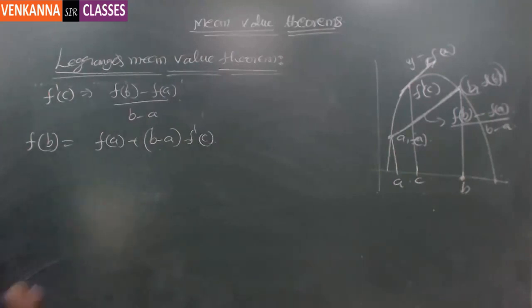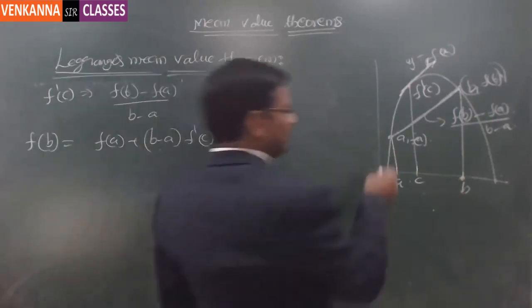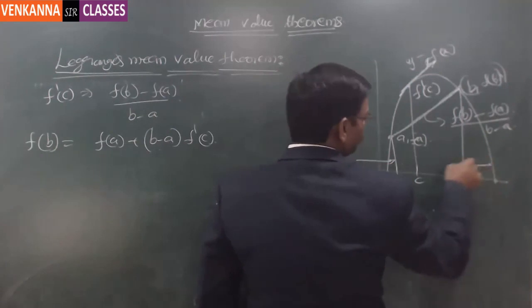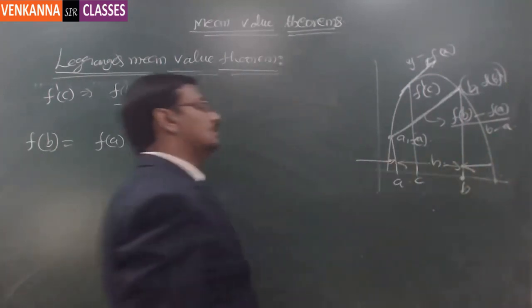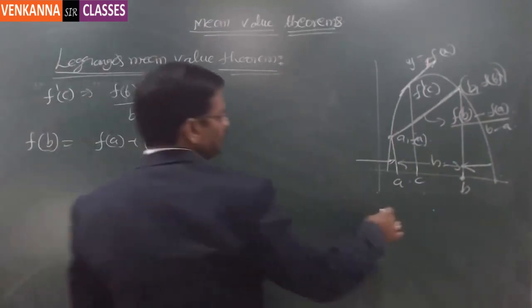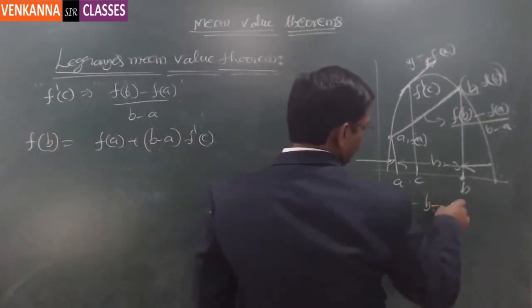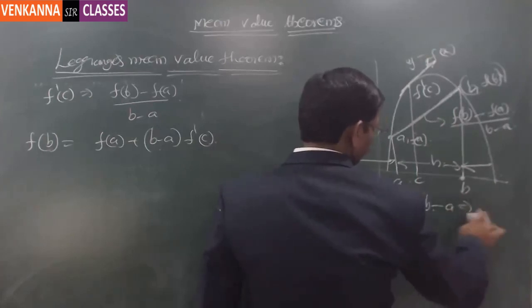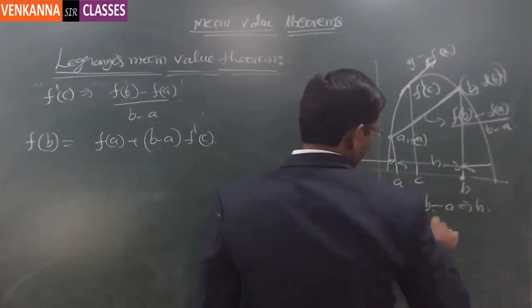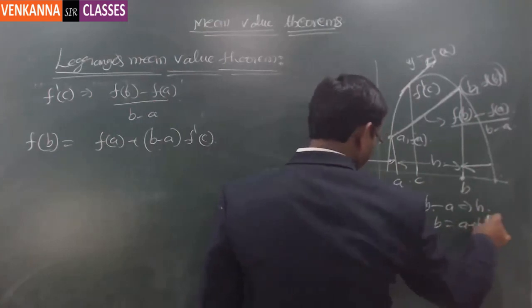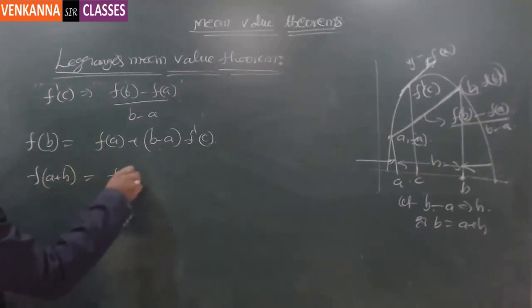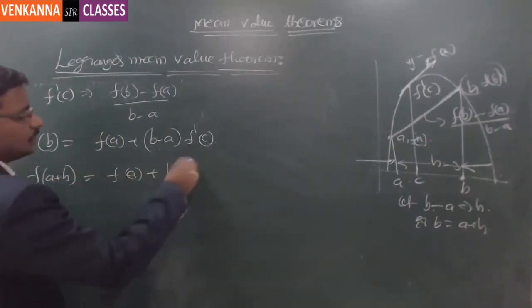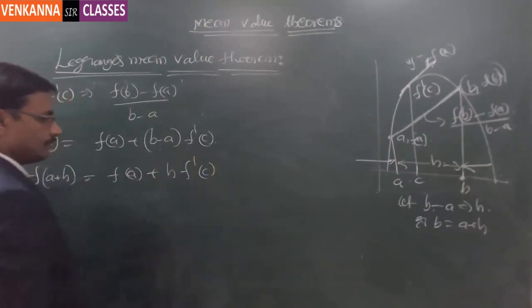Then here, let b minus a, the length in between, be called h. So if I call b minus a equal to h, or b equal to a plus h, and replace it here, f of a plus h is equal to f of a plus h times f dash of c.